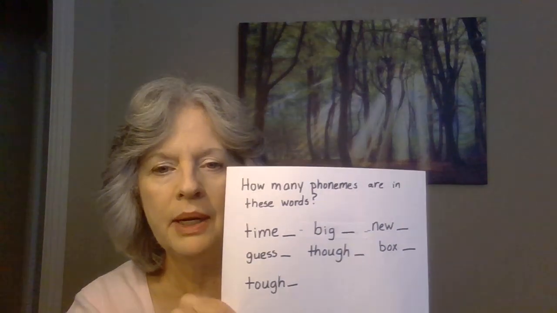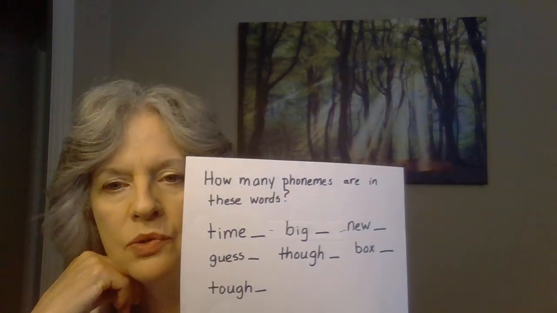So I want to practice thinking about phonemes, and I want you to count how many phonemes are in a word. So I have made a list, if I can find it. There it is. So let's think about these words and how many phonemes are in these words.